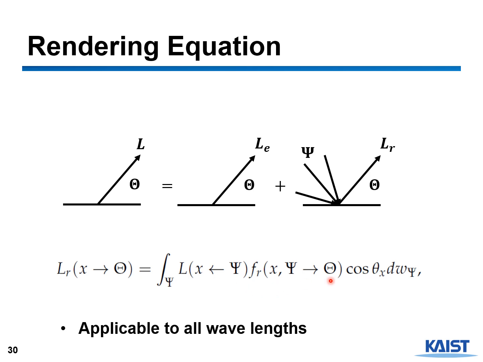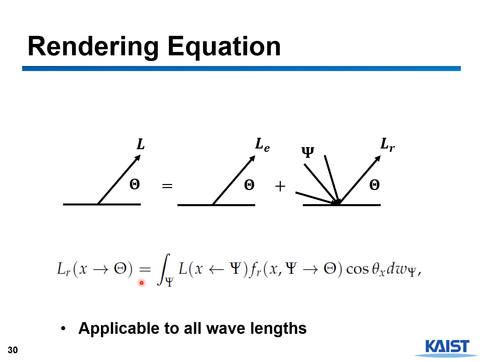So we need to consider the BRDF here. This surface is also oblique to the outgoing direction, so we need to consider another cosine term, cosine theta at the position of x. Then we integrate over all possible solid angles over the hemisphere whose center is at the location of x.